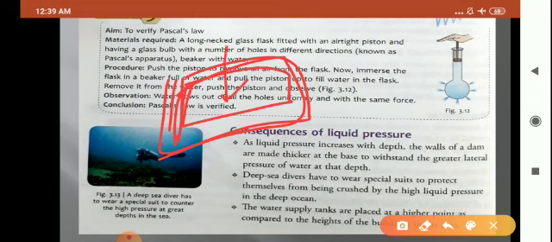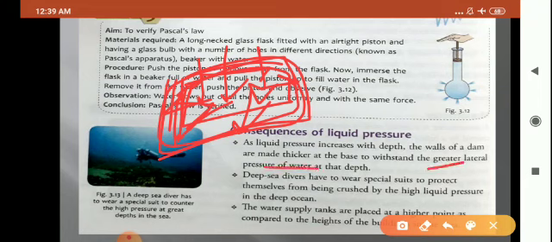Because as we go deeper, since water will exert more pressure, the lateral side pressure exerted by the water will be more. So for that reason, the base are made thicker at the dam. Okay, base are made thicker of a dam, so that it can withstand the greater lateral pressure of water at that depth.